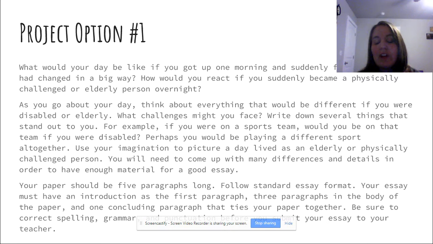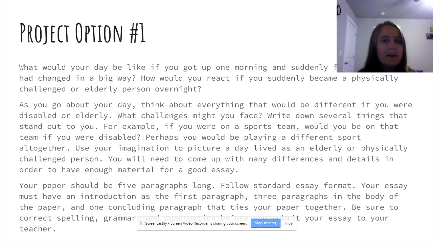When you get older, a lot of times those things are more difficult. And sometimes we take for granted the senses that we have of sight and hearing and the ability to walk. It's a really good thing to take a step back and say, hey, what would life be like in society if I had these different challenges?